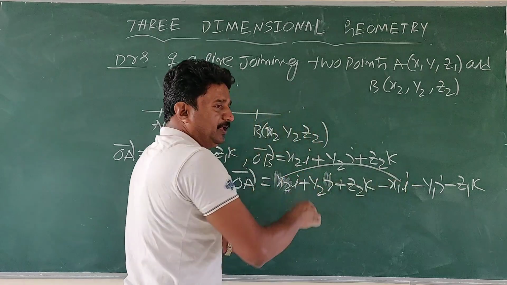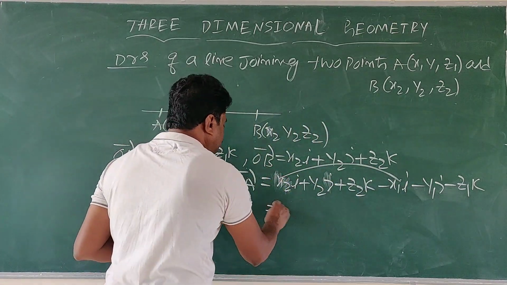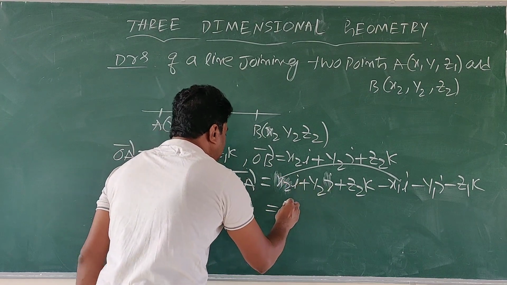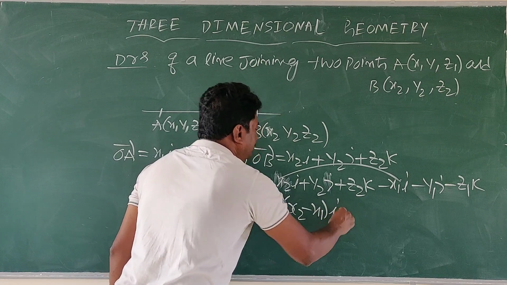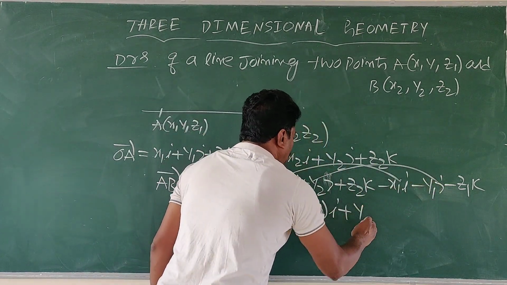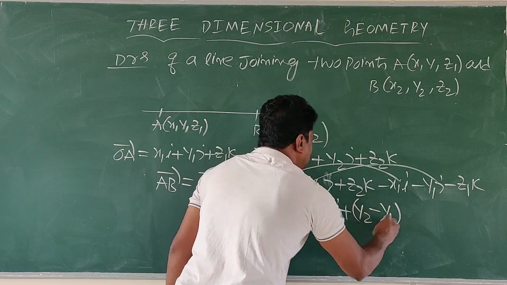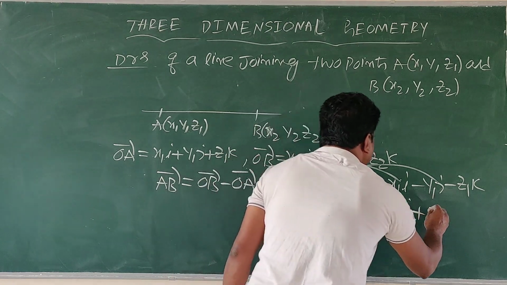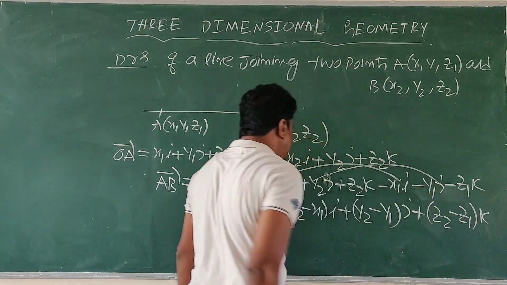What is common from that? i is common. Tell me the remaining: x2 minus x1 into i. Next, what is common from these two? j. y2 minus y1 into j plus z2 minus z1 into k.